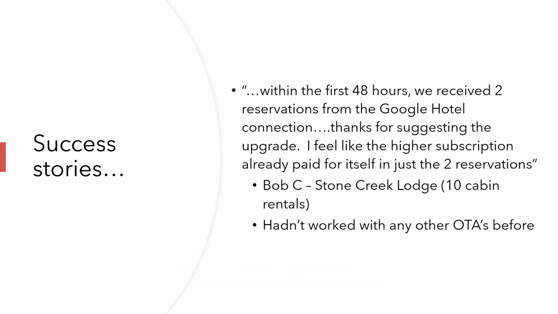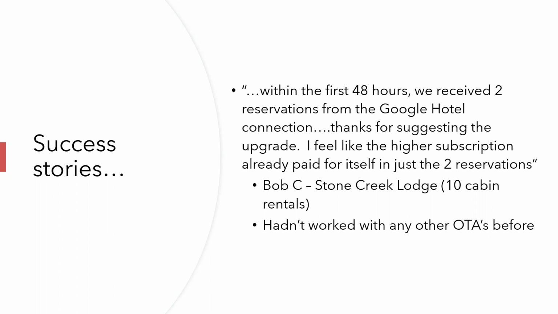I just wanted to mention here from Bob, this was somebody that recently upgraded and got activated. He mentioned within the first 48 hours, he received 2 reservations from the Google Hotels connection. Now, his property had not worked with OTAs before, so this is one of those scenarios where prices were never showing.